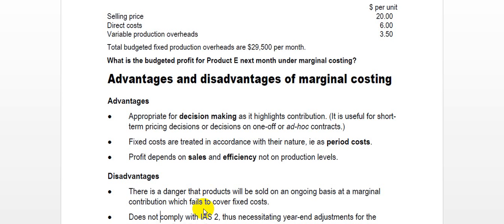General costs, sunk costs are not included. Hence, marginal costing is used in short-term decision making.